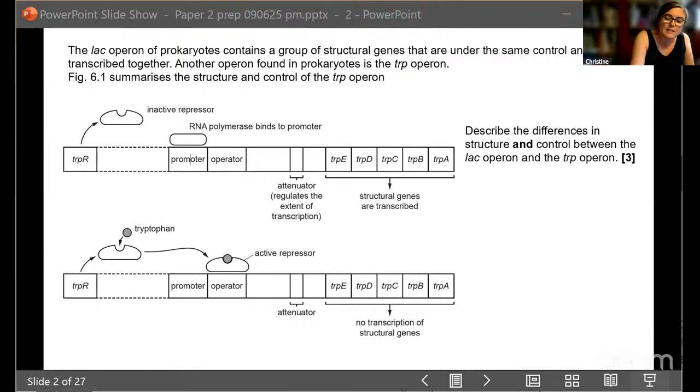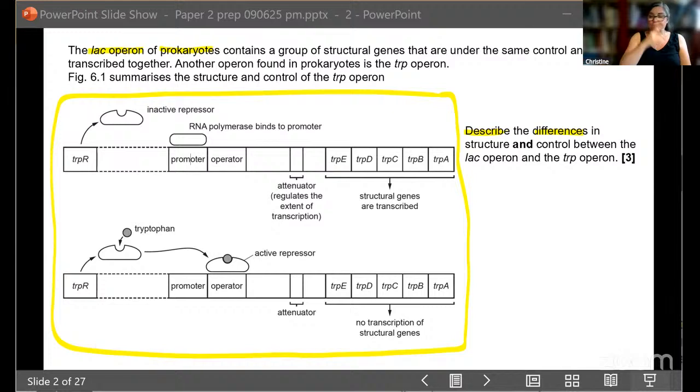Coming back to this question here, if you get a question like this, they've told you about the lac operon in prokaryotes, and then they're asking you to describe the differences. Everything you need to answer a question like this is in front of you in the question. They've shown you a whole load of information. For those of you just joining me, this is not OCR.